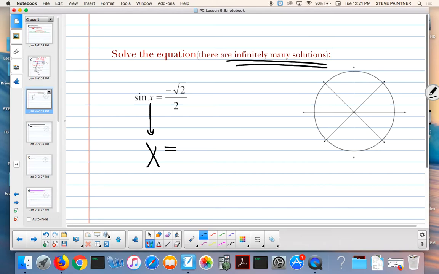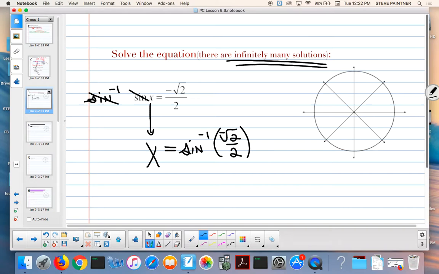Negative 45 degrees. Inverse sine. You guys did this back then. You just knocked out the sine. Inverse sine knocks it out. But then you got to take inverse sine of what? This. And believe it or not, this was what messed you up in chapter 4, doing inverse trig functions.